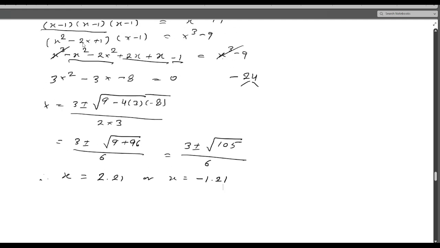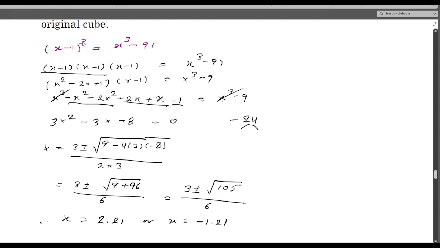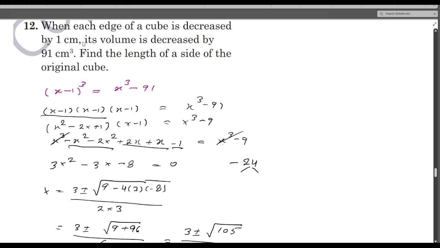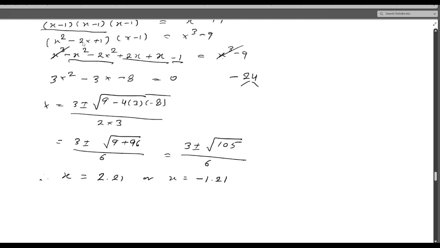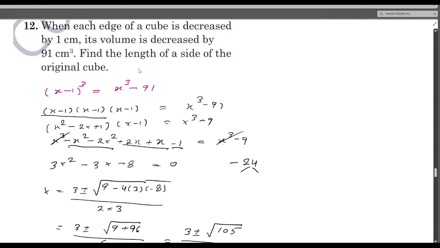But here I think this 2.21 is also not right, as if I do 2.21 cube, then its cube will be 10.79 only. Okay, let me check where we are making a mistake. x cube minus 3x square plus 3x minus 1 equal to x cube minus 9.